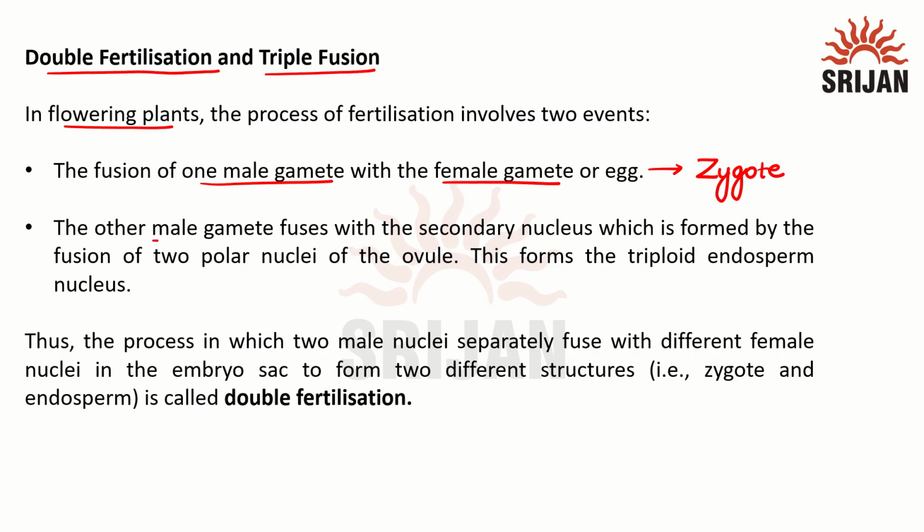Second, the other male gamete fuses with the central cell, the secondary nucleus, to form a structure known as endosperm. Here the secondary nucleus has two polar nuclei in it, so it forms a three-nuclei structure, hence the name triple fusion or triploid endosperm.